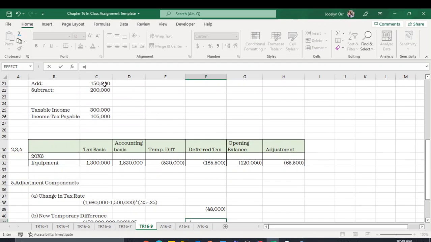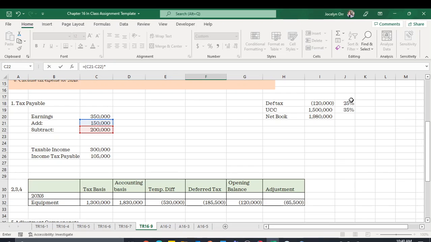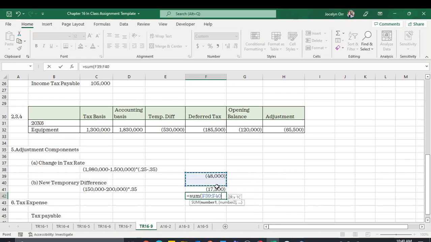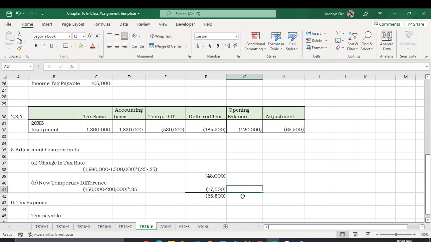So when I do this, I get a result of 17,500. And when I add those together, I can see my adjustment of 65,500 is now broken down into the two components of what is a result of the change in the tax rate and what is because of the new temporary difference.